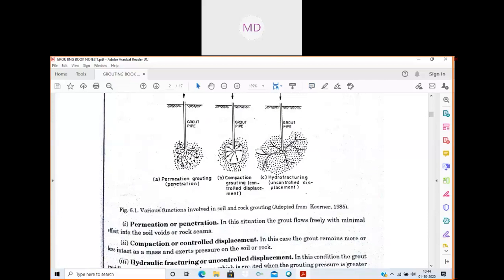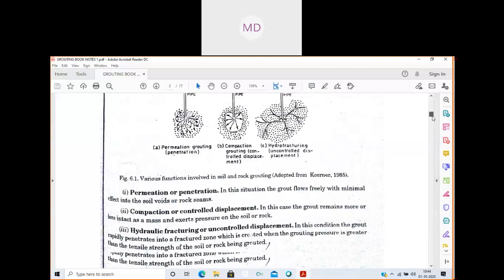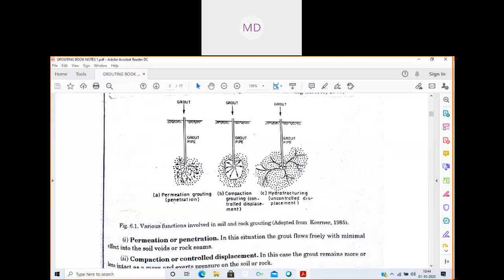Now because of the pressure the grout is inserted, some kind of pressure is created, and because of this pressure the soil or the rock, generally hydrofracturing is used for rocks, the fractures in the rock or the subsurface soil occur.